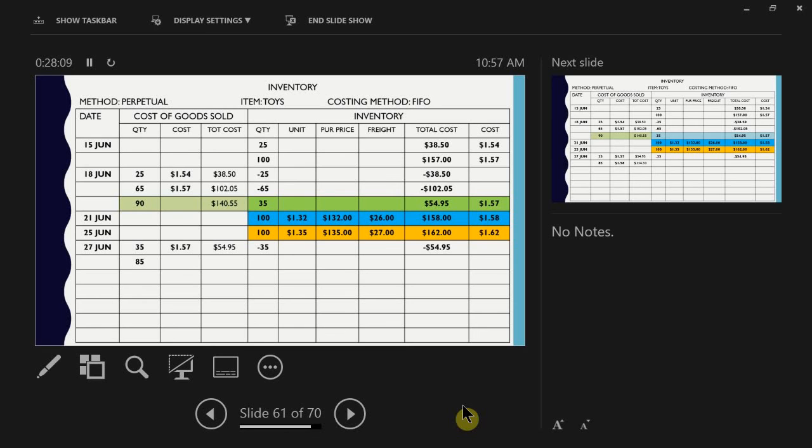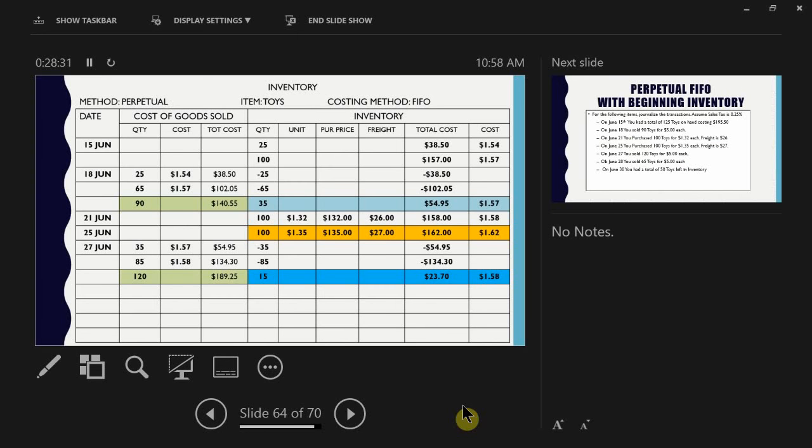Then the next batch that we're going to take from is the blue batch, which we know to be $1.58. So we calculate a total of $134.30. And we're also going to subtract it out from my inventory. So I started with the 100, subtracted 85 to give me a remainder of the blue batch of 15. Okay.